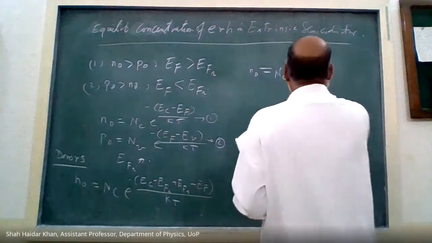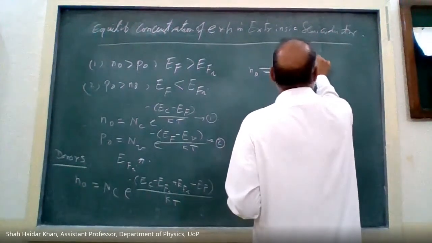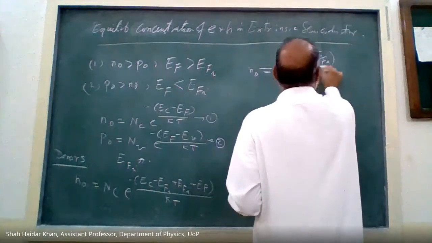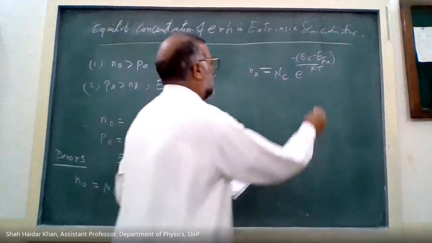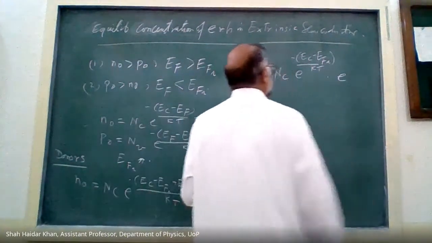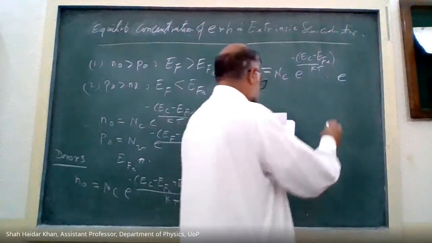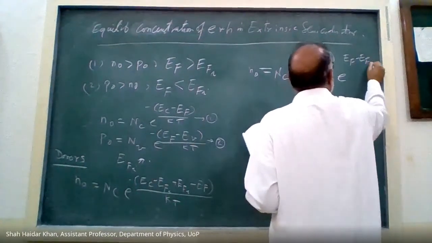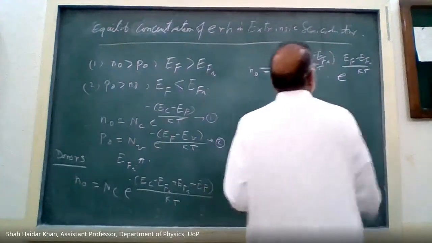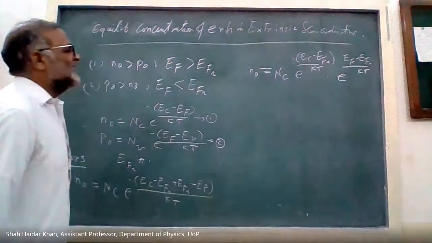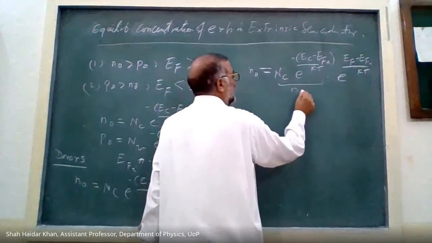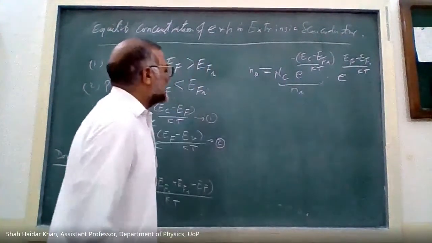So it is Nc e to the power minus (Ec minus EFi) over kT, times e to the power (Ef minus EFi) over kT. And the first part was equal to ni, the intrinsic carrier concentration.